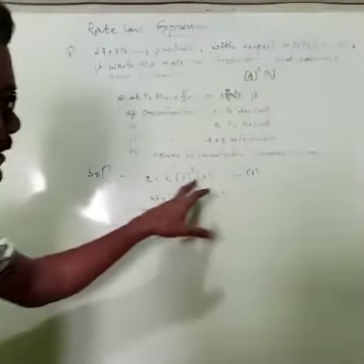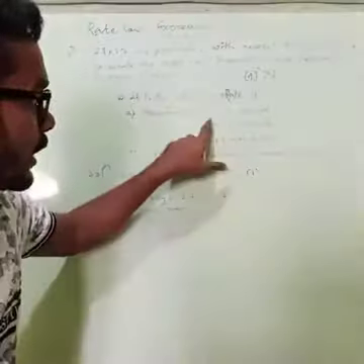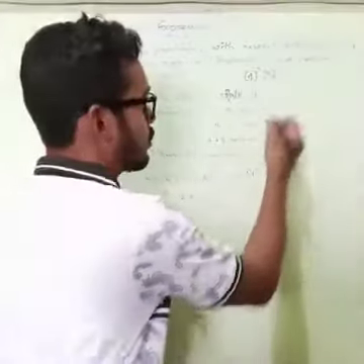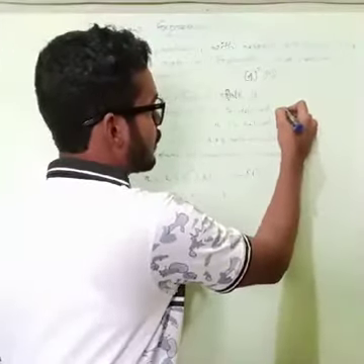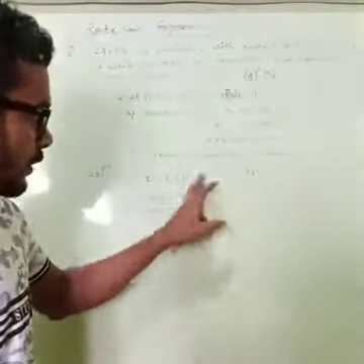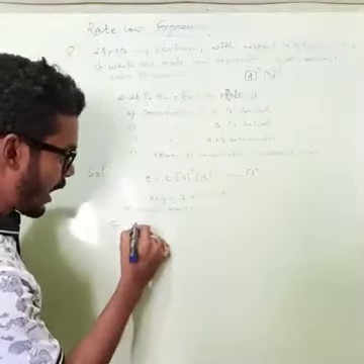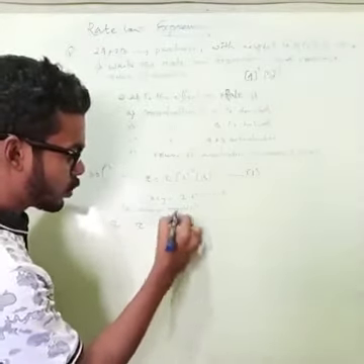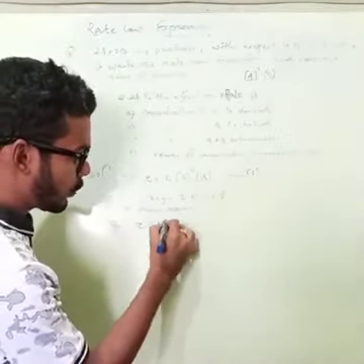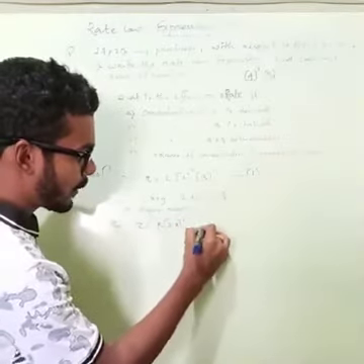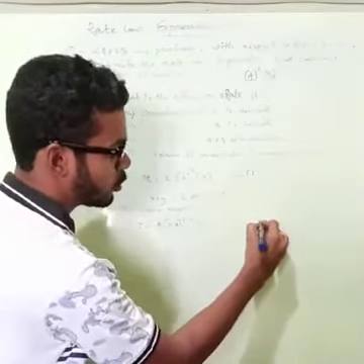B is fixed, whatever is given. A is doubled means you don't have to change B. So R equals K into (2A) to the power 2 and B to the power minus 1. This is equation 2.